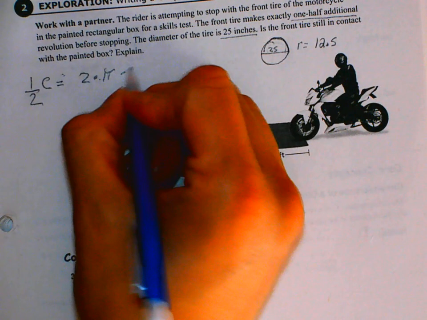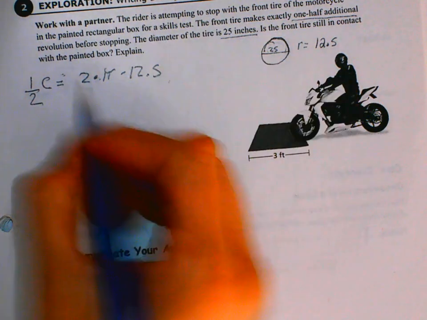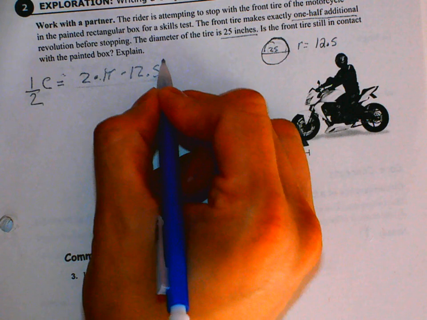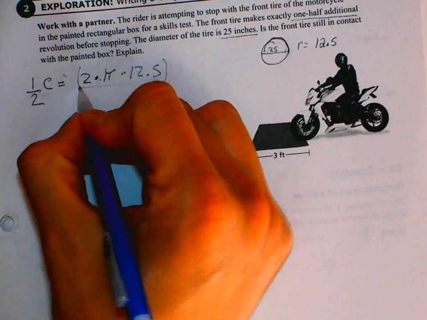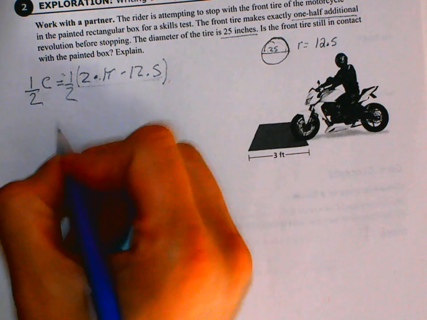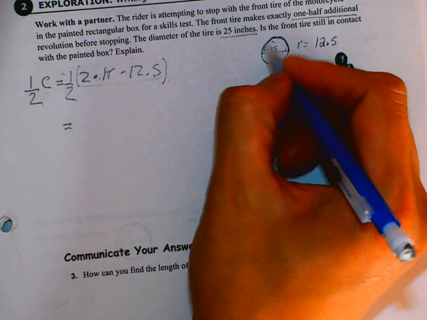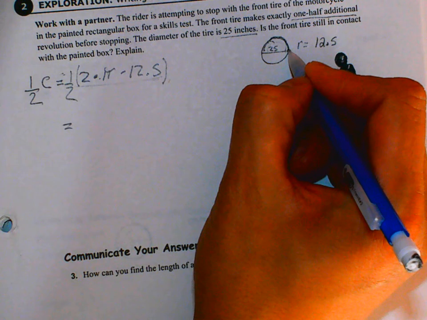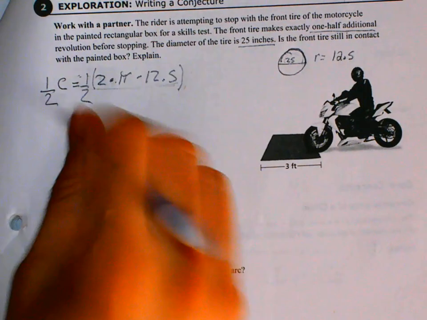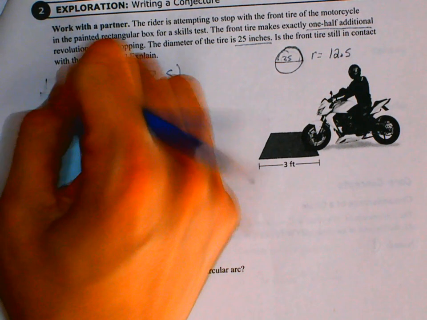The radius is 12.5. So this right here gives me the whole circumference. So in order to get half of that, I have to multiply it by 1/2. So I'm really looking for only this piece right there. Okay, so I think I'm confusing you guys. I think we're pretty much going to talk here about the arc length.